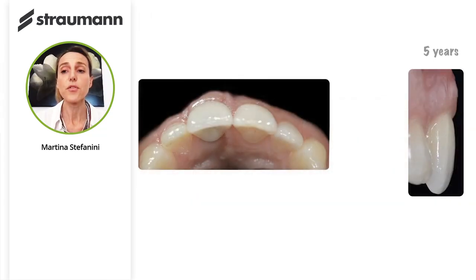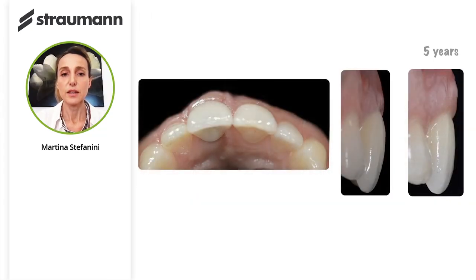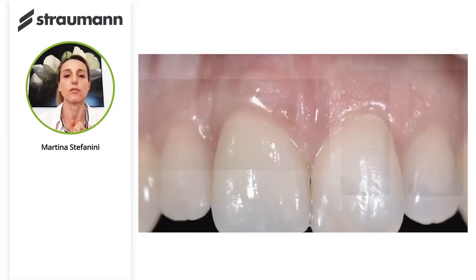And if you look at the profile pictures, you see that we can appreciate a further increase in the soft tissue thickness with time due to the harvesting technique that we perform, because as I told you, with the free gingival graft and desepithelialization, we obtain this dense layer of connective tissue graft that during the healing not only doesn't shrink, but with time is able sometime to further increase in soft tissue thickness.